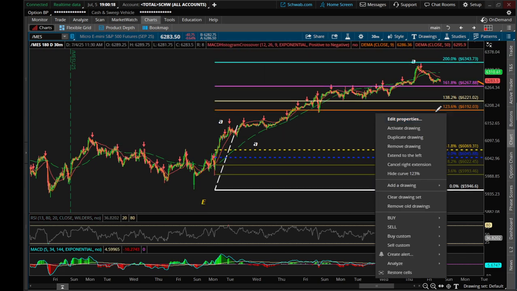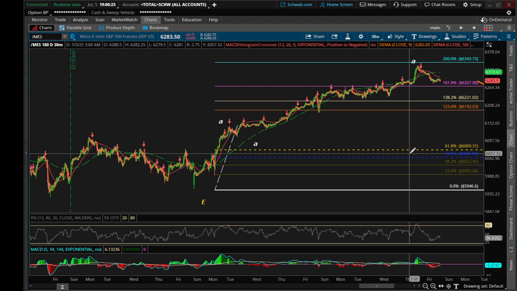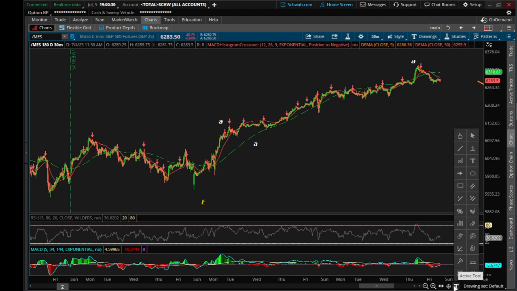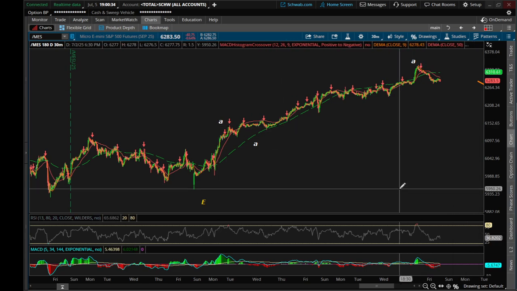And then again, same scenario, looking for a smaller pullback because these are just minor moves.